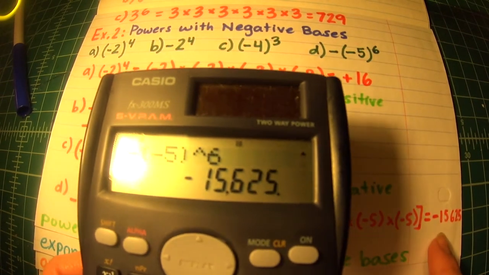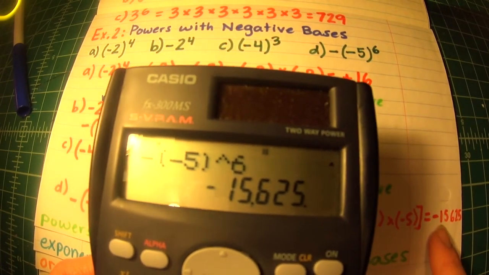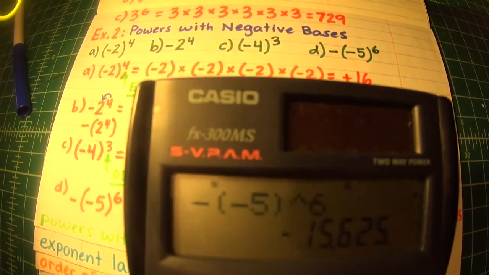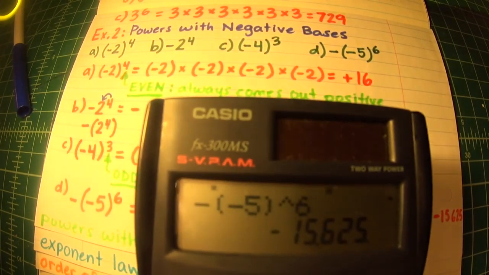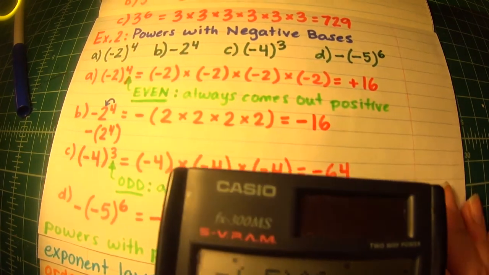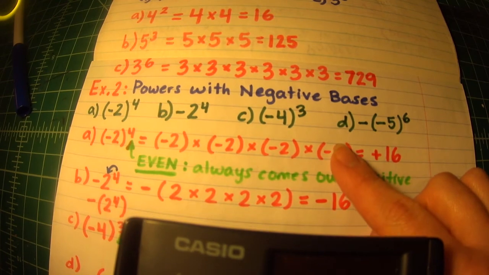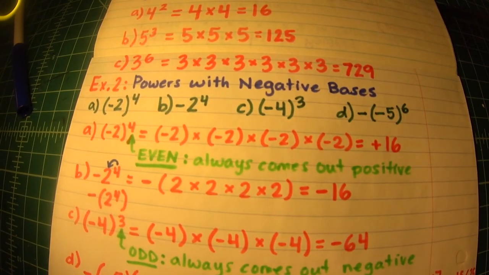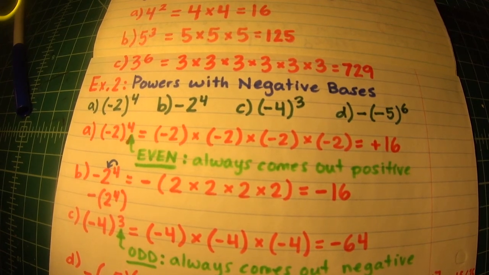See, just like I wrote down there, -15,625. So you can make your calculator do this for you, but you have to make sure that you are entering it exactly as it is written. Okay, because the calculator follows the same rules that we just went through in this lesson.